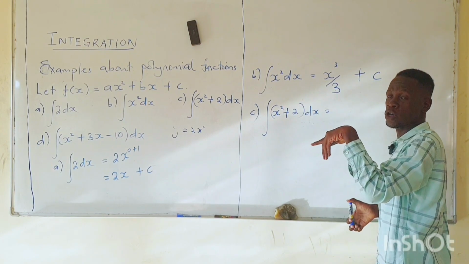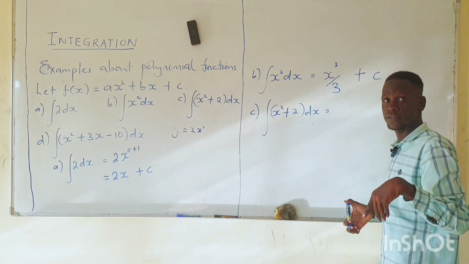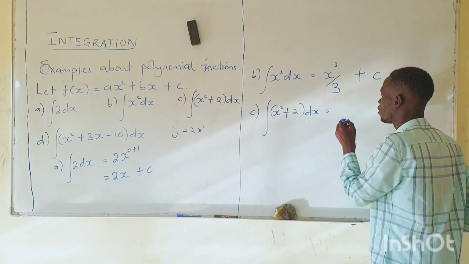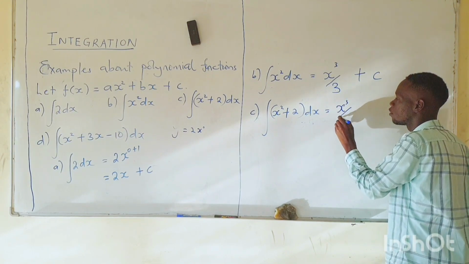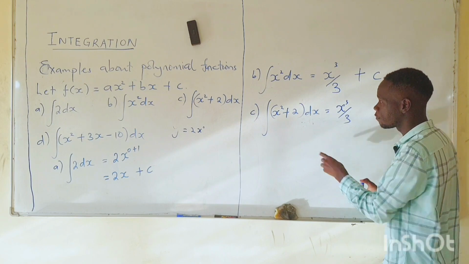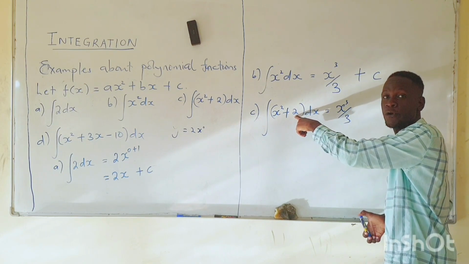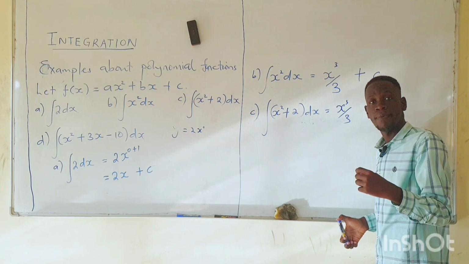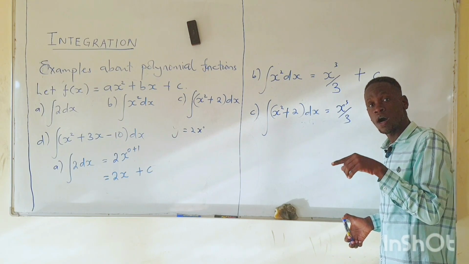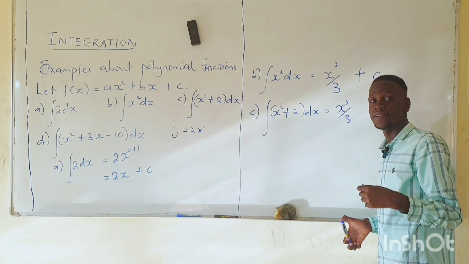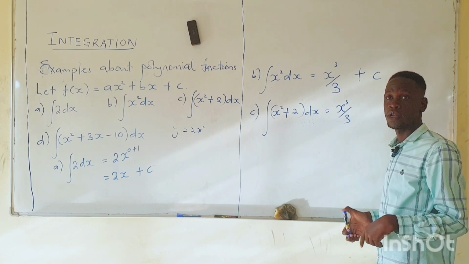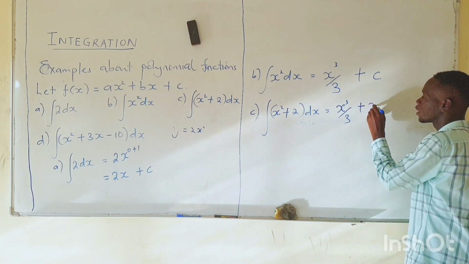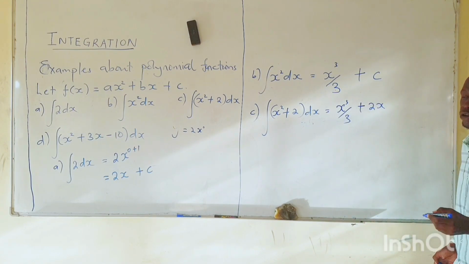We increase it by 1, which is 3. We divide by the new power, which is x power 3 over 3. Then we have this, 2x power 0. X power 0, we increase it by adding a 1, which is x power 1. Then the new power is divided by 1, which is 2x, plus the arbitrary constant.